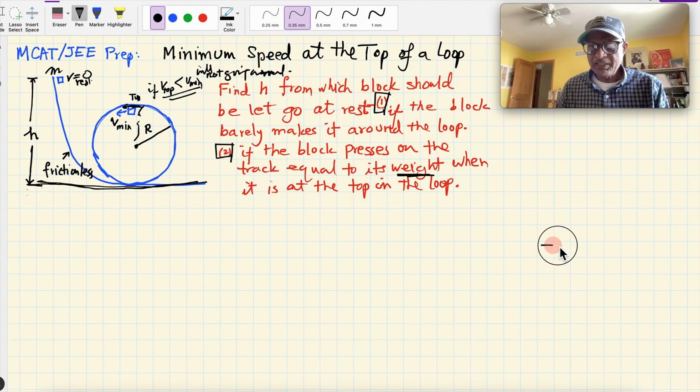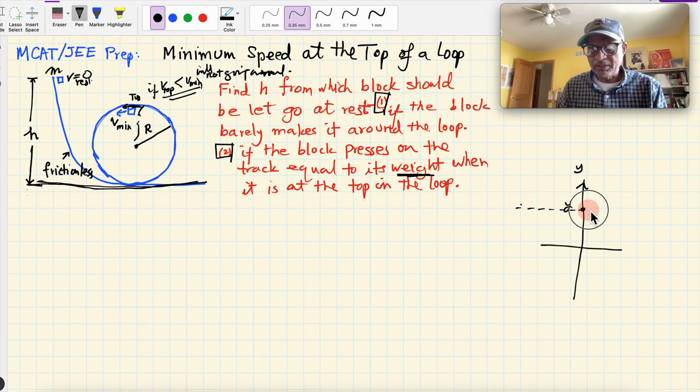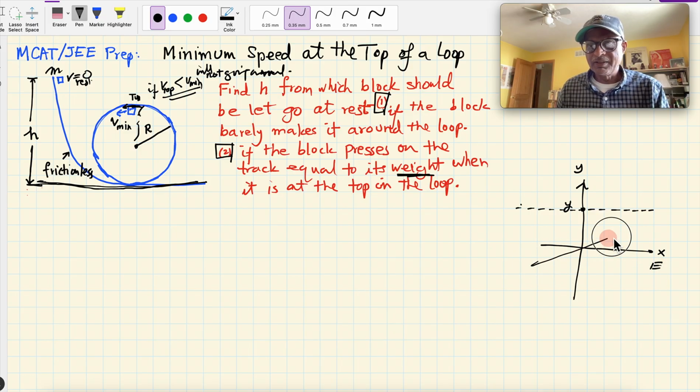The formula we need is, if this is the y-axis, and this point has coordinate y, at this level anywhere the coordinate is y. Maybe this is east, maybe it's north, and this is up, and from here is the y-axis.